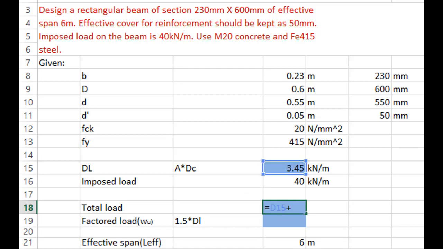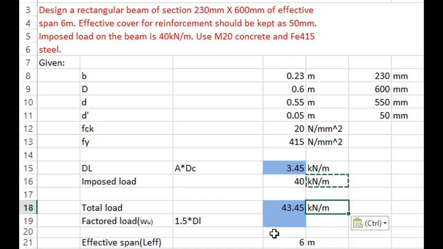And then the imposed load is given to us, which is 40 kN. Now we have to calculate the total load. So total load is nothing but the summation of this dead load plus the imposed load. So we have 43.45 kN per meter.